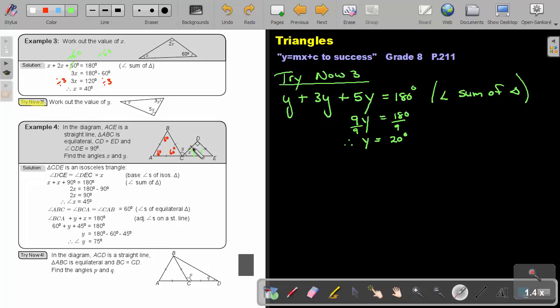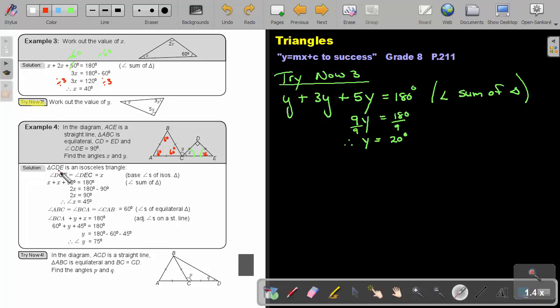So this is an isosceles triangle, and the angle at D is a right angle, it's 90 degrees. And now I'm asking you to find x. If these angles are equal, so if this one is x, then this one will also be x. Let's start.